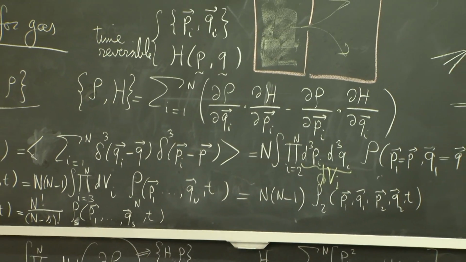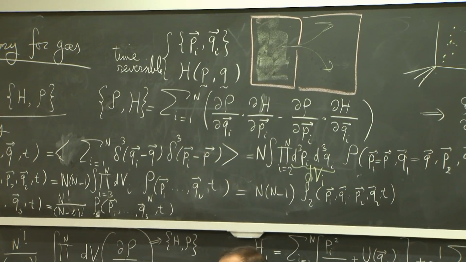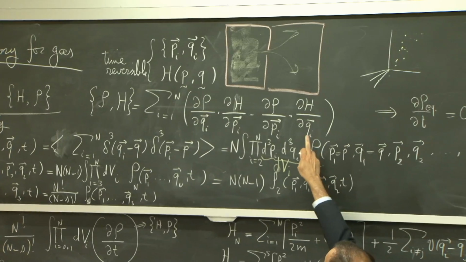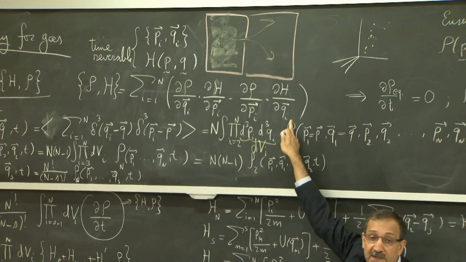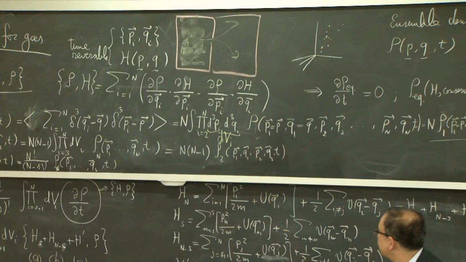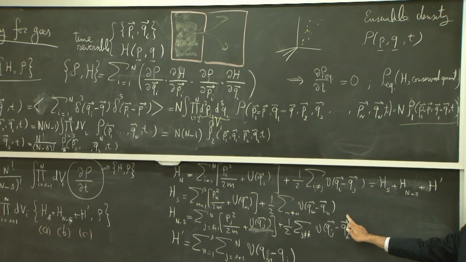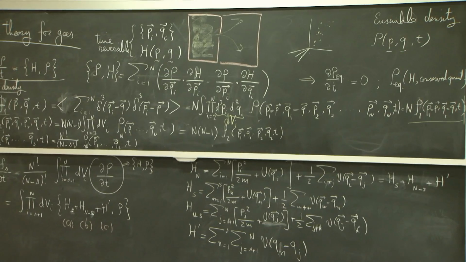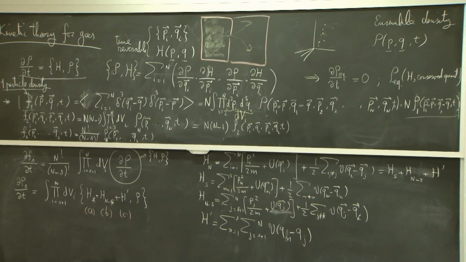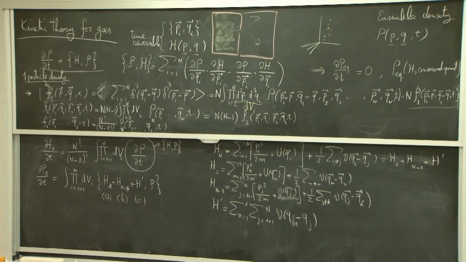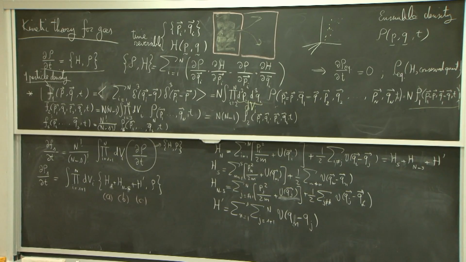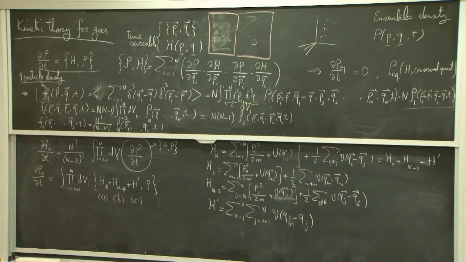But if I'm evaluating it for H_s, H_s will only give non-zero derivatives with respect to the coordinates that are present in it, so this sum of N terms actually becomes simply a sum of s terms. So I will get a sum over n running from 1 to s.